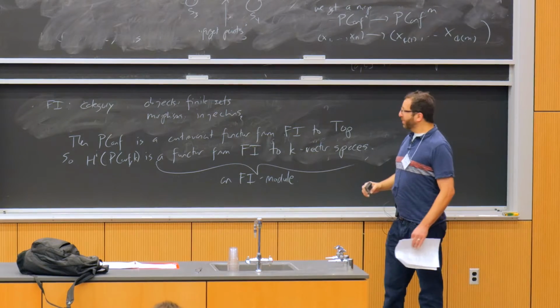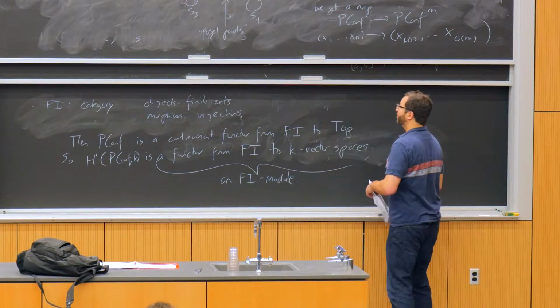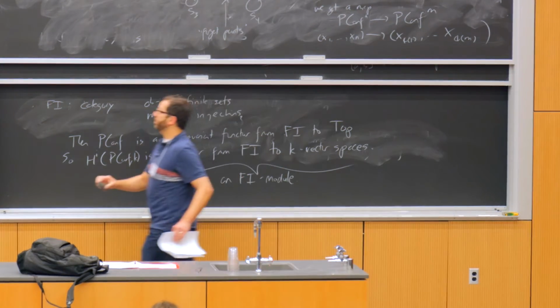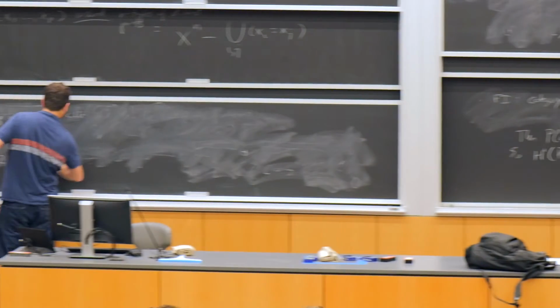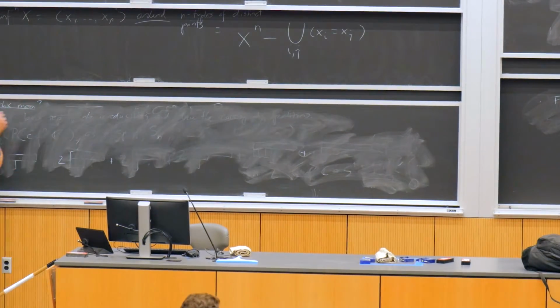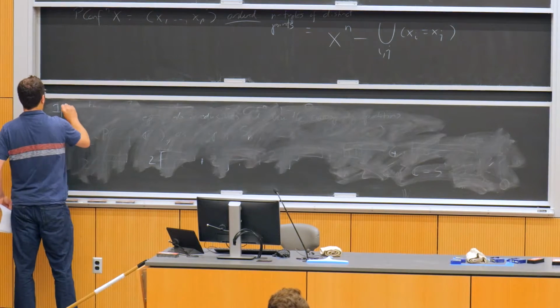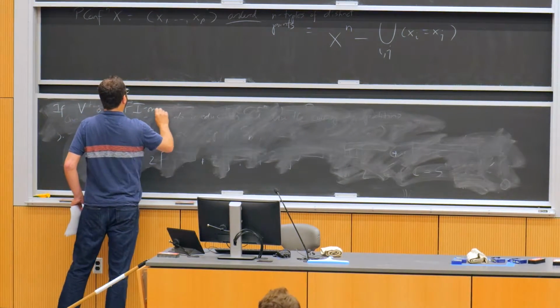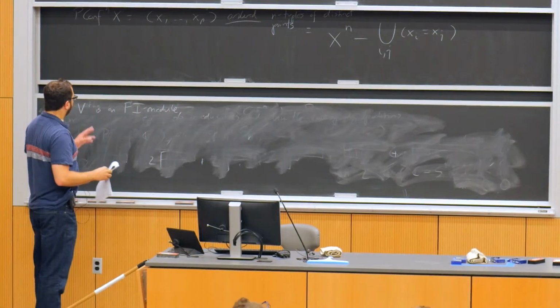And you see that this category has within it, what I want to say is that this category sort of has all the symmetric groups inside of it. So I'll just note that if V is an FI module, we can think of this as, okay, so let's be careful.